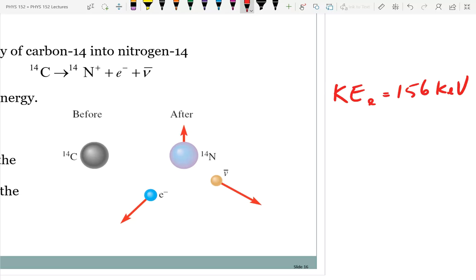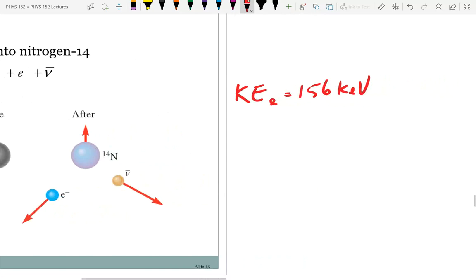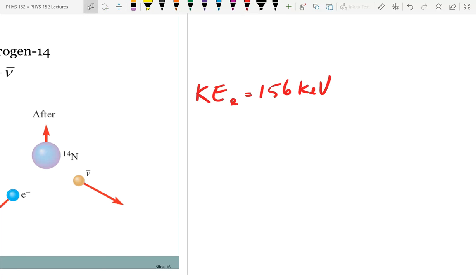How do I find the speed if I know the kinetic energy? That's going to be part of the way. I need to start with the equation for kinetic energy. That was the classical one, but this is going to be relativistic.